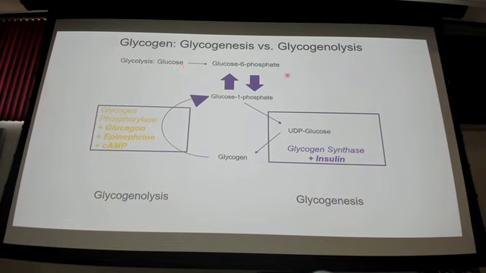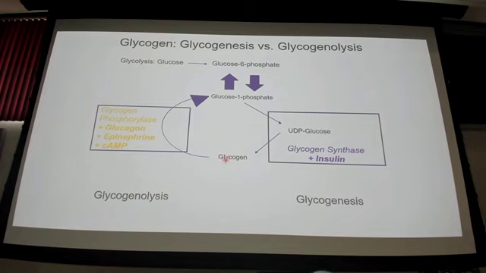One thing that we talked about. It traps glucose into the cell, right? So if we have a lot of glucose 6-phosphate, it will be converted to glucose 1-phosphate, and then UDP glucose in the presence of glycogen synthase and high levels of insulin will make glycogen.